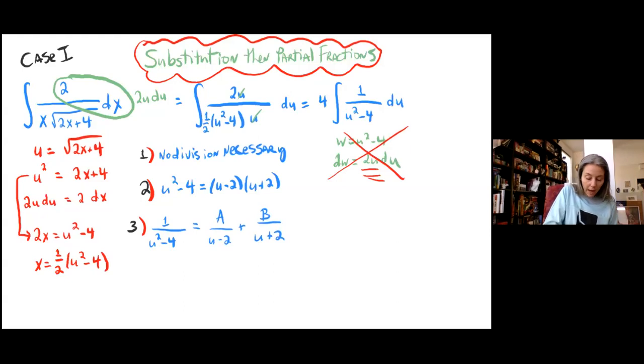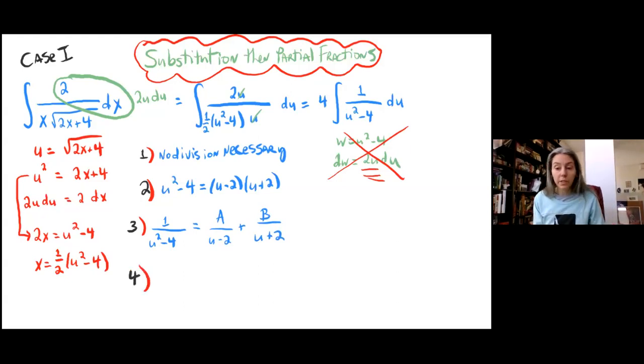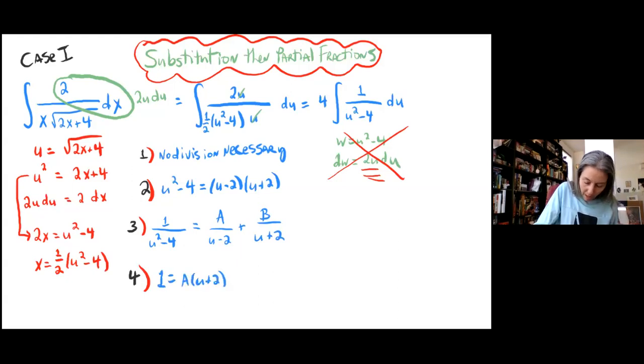Now for our fourth step, when we solve for those numerators, we're multiplying both sides of this equation by u squared minus 4, which gives us 1 is equal to A times u plus 2 plus B times u minus 2. So here we have two zeros of the denominator. Our zeros are u equals -2 and u equals 2.